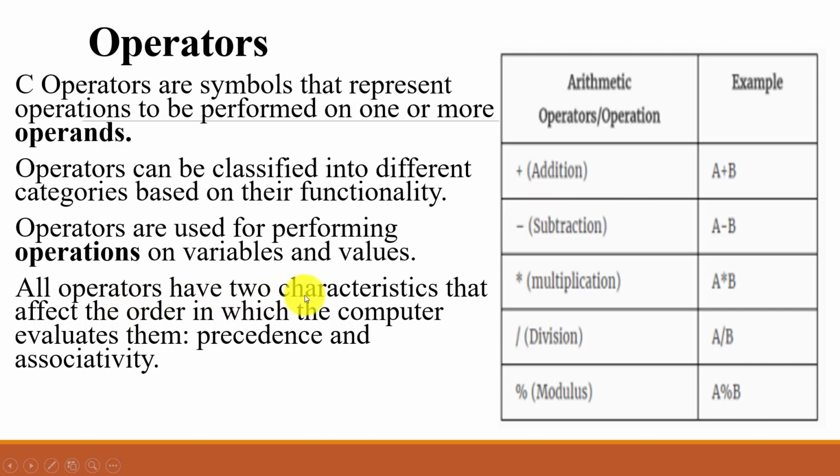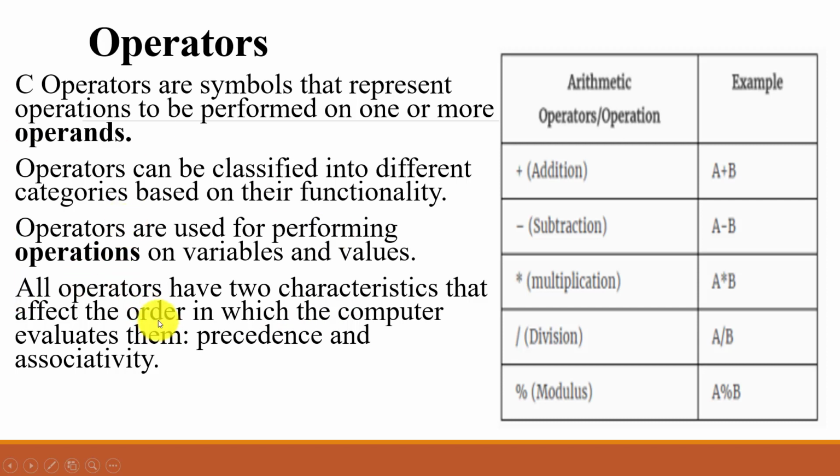All operators have characteristics that affect the order. What is meant by order? We know that in arithmetical operations there are expressions, and an expression can be covered in brackets. We have to understand which operator is going to execute first, because in an expression a number of operators and operands are present, and that is the order.